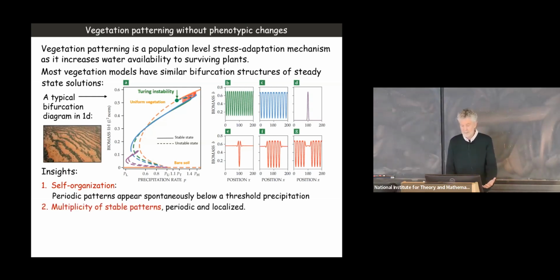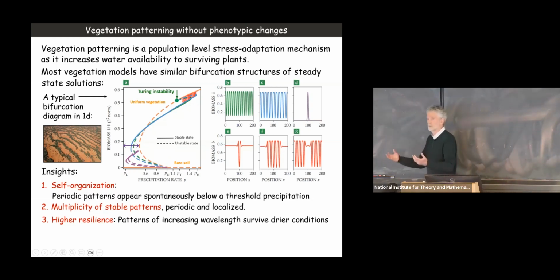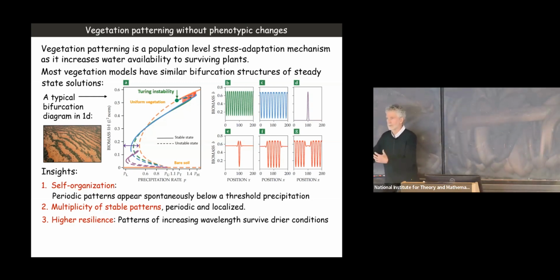There is multiplicity of stable states: patterns, periodic, localized. There is higher resilience of the pattern states compared to the uniform. And this is because of the extra source of water that vegetation patches draw from the bare soil surrounding.